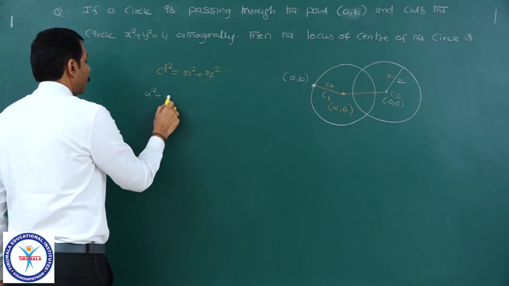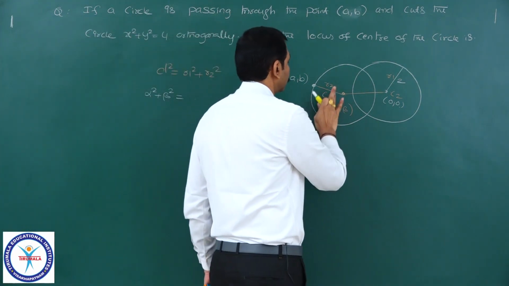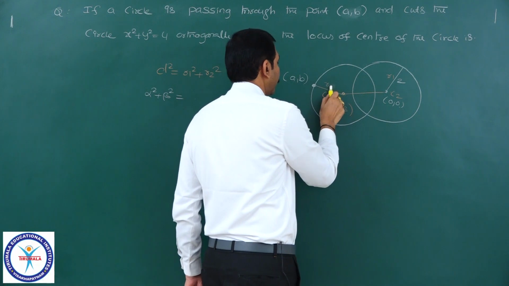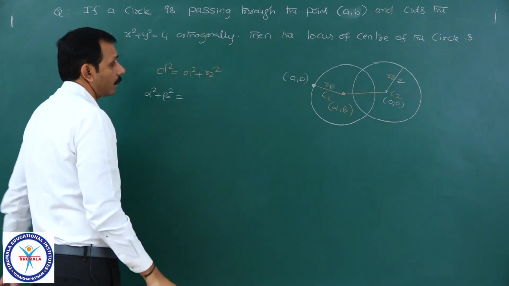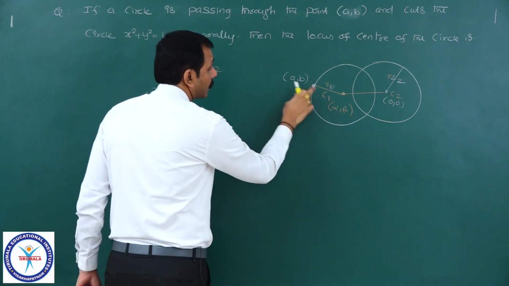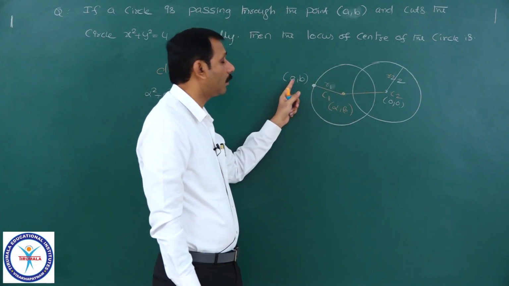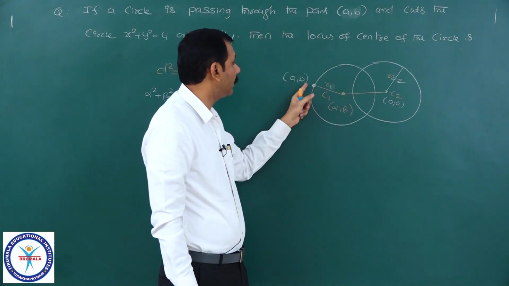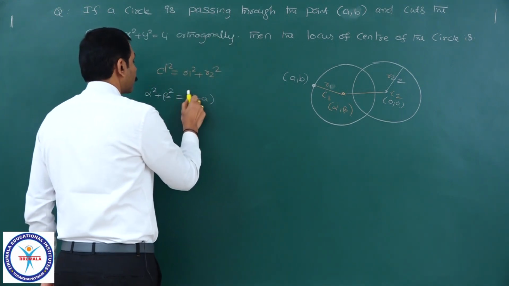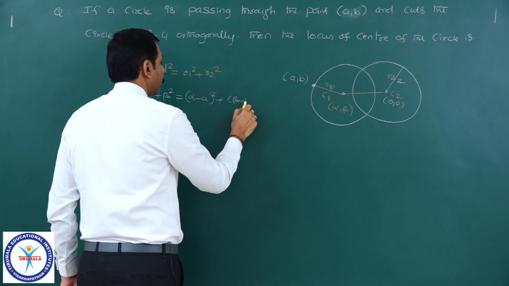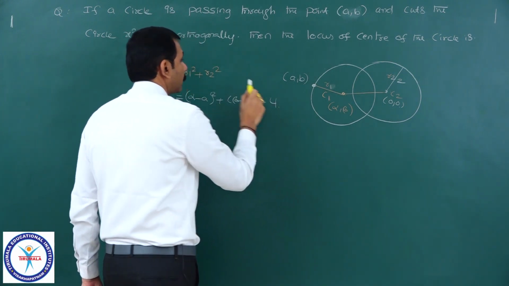It is alpha² + beta² equal to R1² plus R2². R1² means the radius of this circle, because I have taken center (alpha, beta) and it is passing through the point (a, b), so the distance between these two points is the radius. It is (alpha − a)² + (beta − b)² plus the radius of the second circle equal to 2, so plus 4.